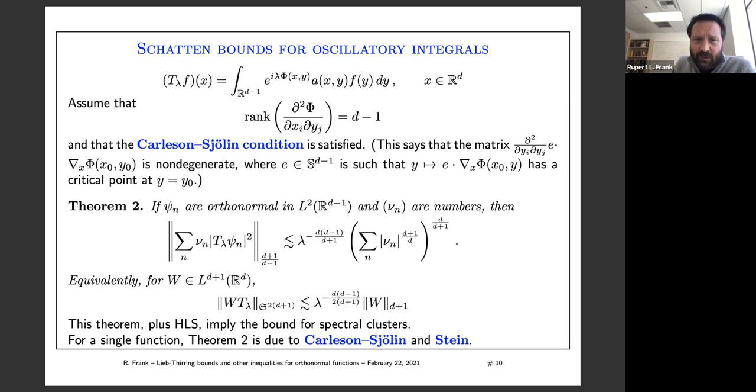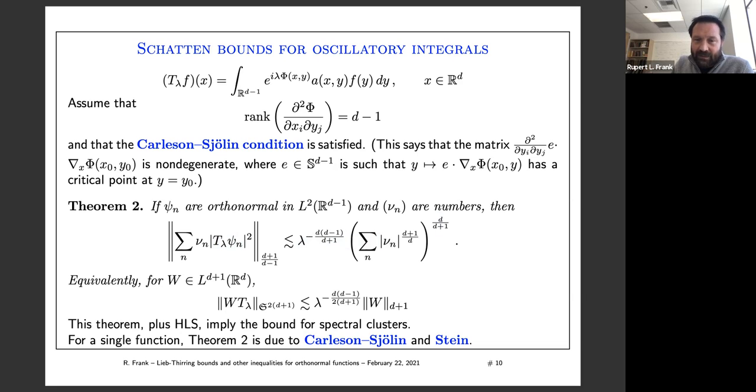So you see that the theorem looks pretty much like what we had before. If you again take the lambdas to be just either 0 or 1, then you see the square functions of these oscillatory integral operators applied to psi n. You see a certain power that beats the triangle inequality to be useful, and then you have lambda to a certain power.